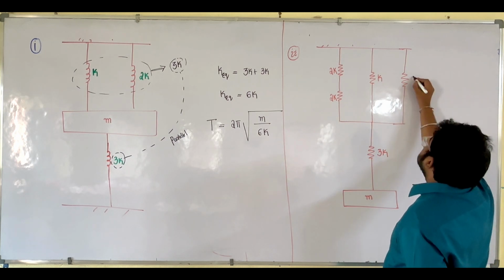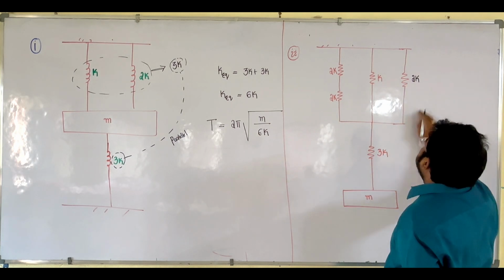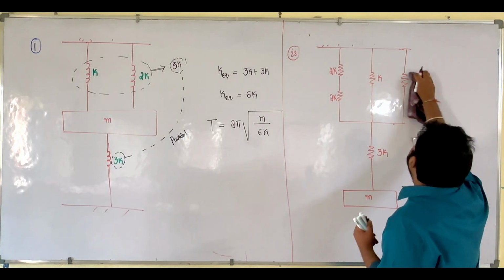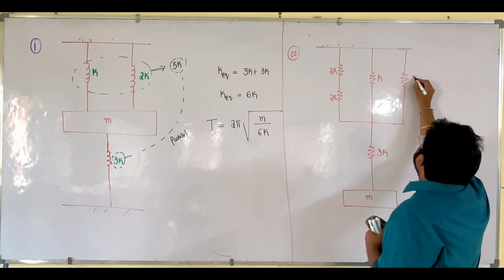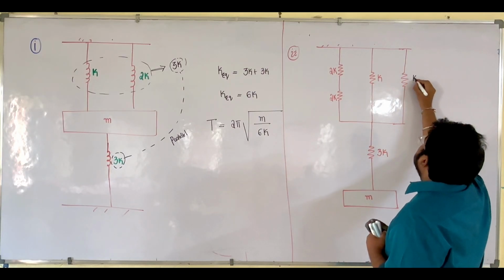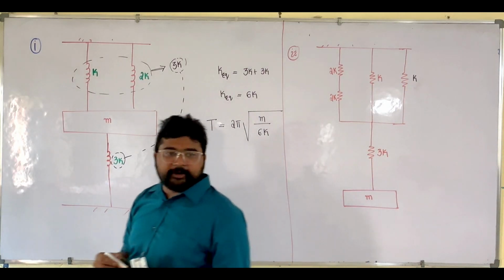This is how much? 2K. One minute. This is K. Now, what is the K equivalent?